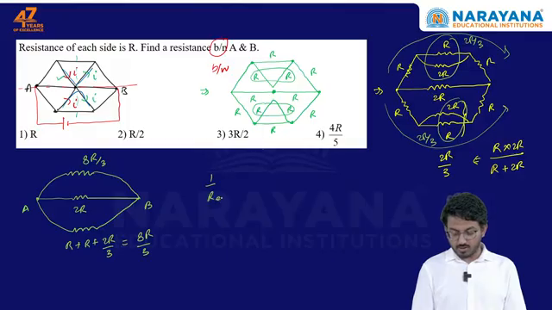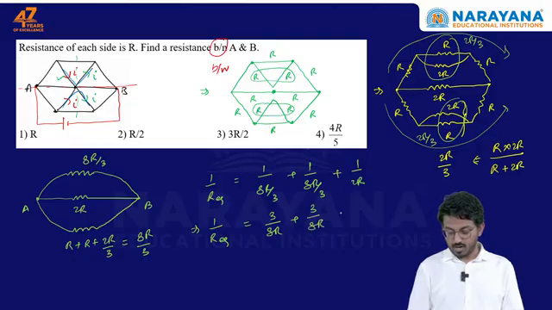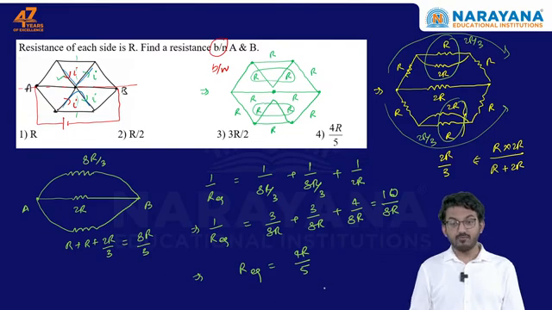So 1 over R equivalent is equal to 1 over 8R by 3 plus 1 over 8R by 3 plus 1 over 2R, finally giving us 1 over R equivalent is equal to 3 over 8R plus 3 over 8R, and we can multiply and divide by 4, so it becomes 4 over 8R, finally giving us 10 over 8R, giving us R equivalent is equal to 4R by 5, giving us option 4 as the correct answer.